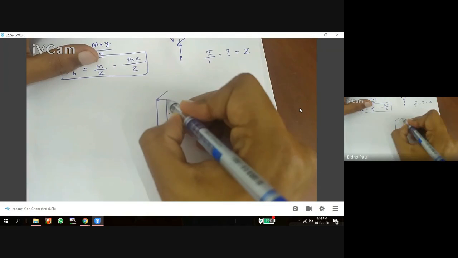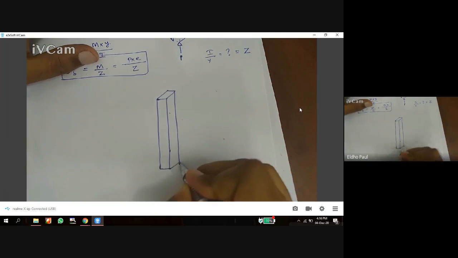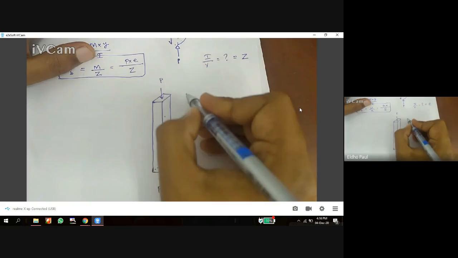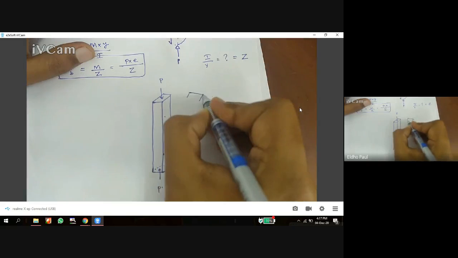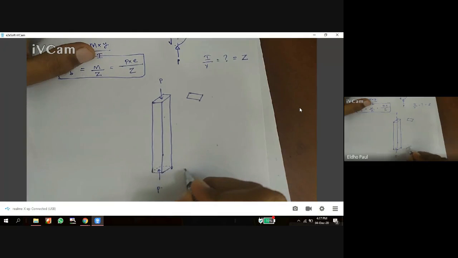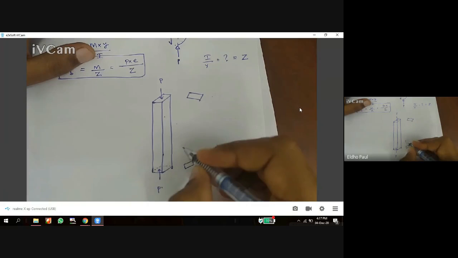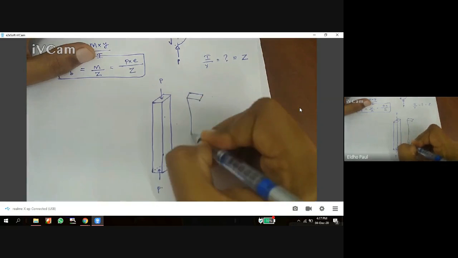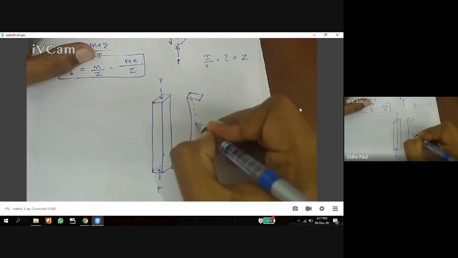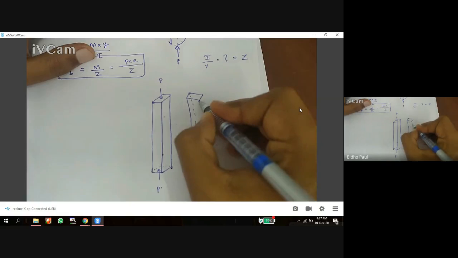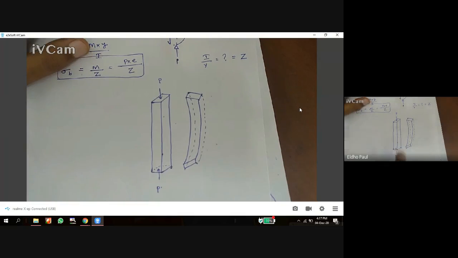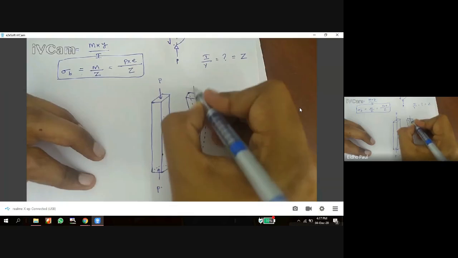In this column, a load P is acting, and after bending, this is the buckled column, and here a load P is acting.